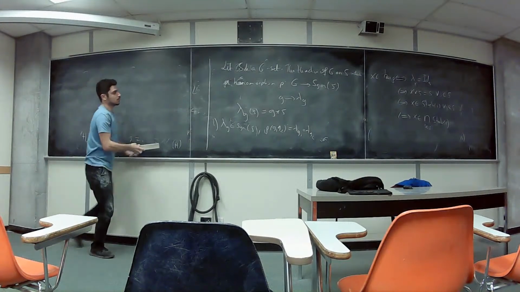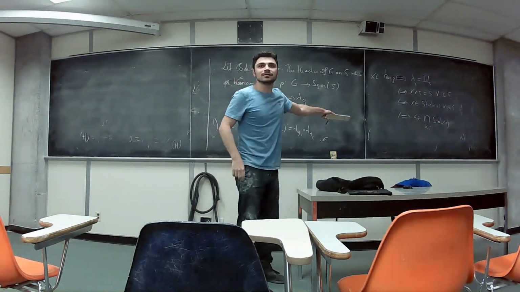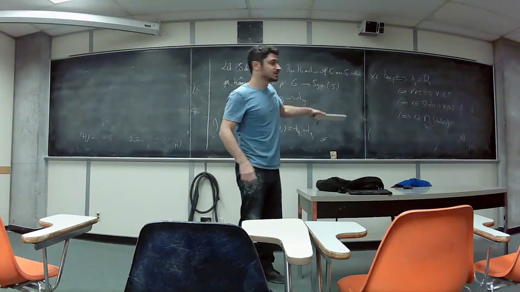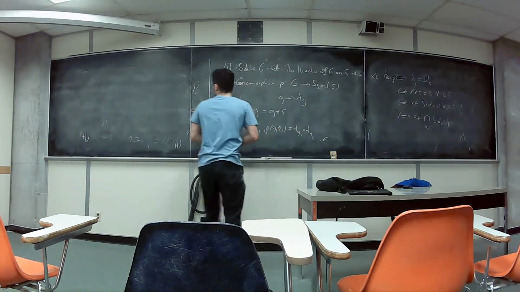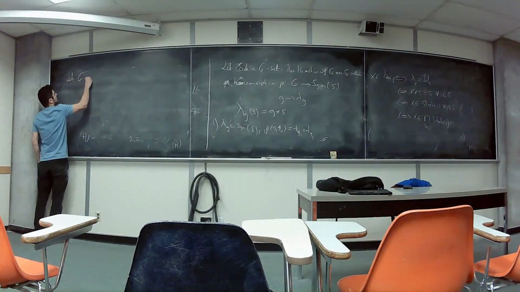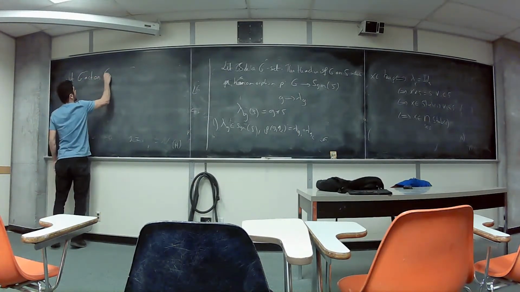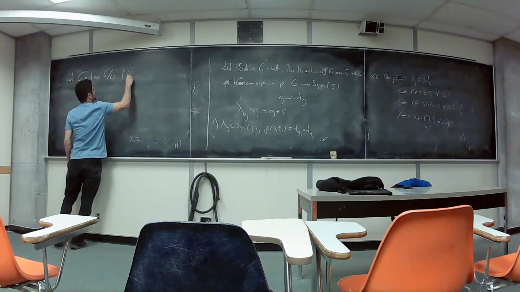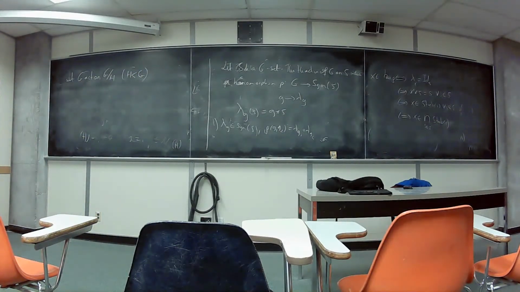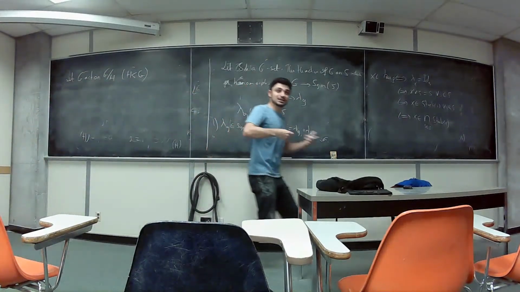Now, from this, what should you be able to derive? The coset representation, right? Let G act on G mod H, where H is a subgroup of G. Of course, here you have another exercise that I can give, from the homework.